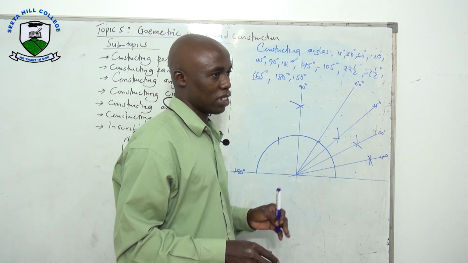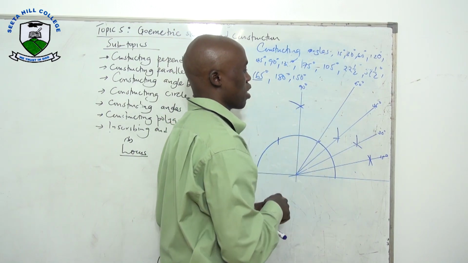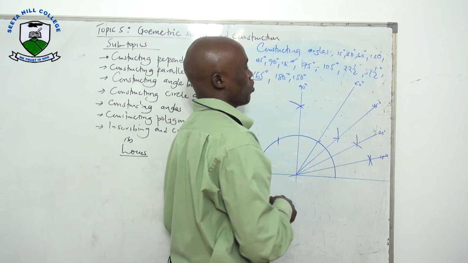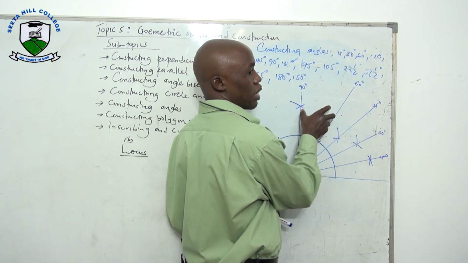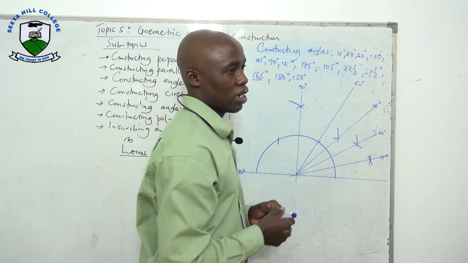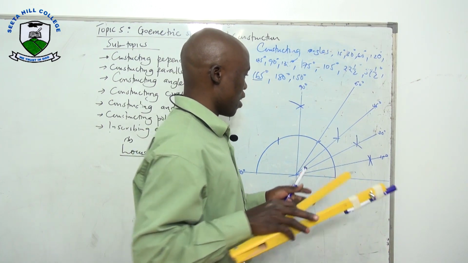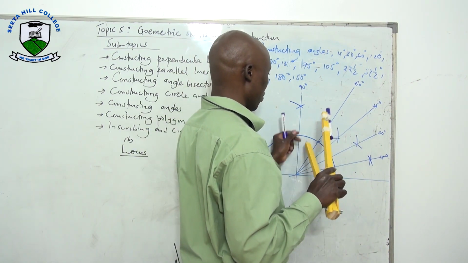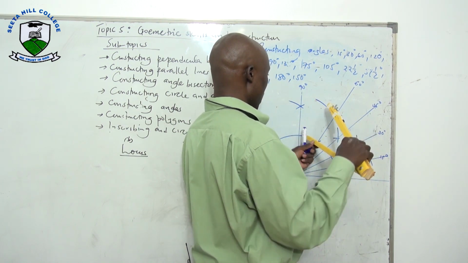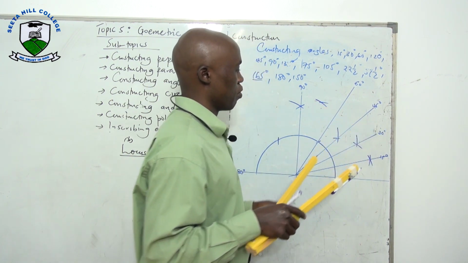What's the difference? 60. 90 and 15, what's the difference? 75. It means when I divide this into 2, I get 15. Plus 60, I get 75. That means standing here, I'll be getting 75.